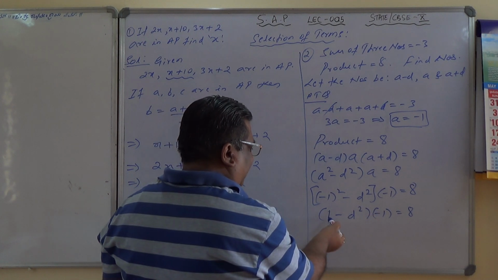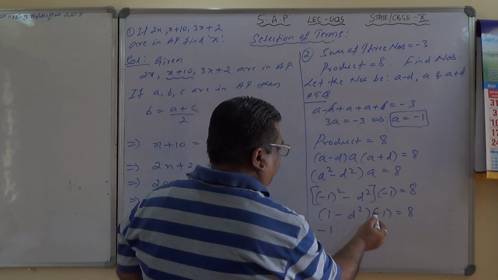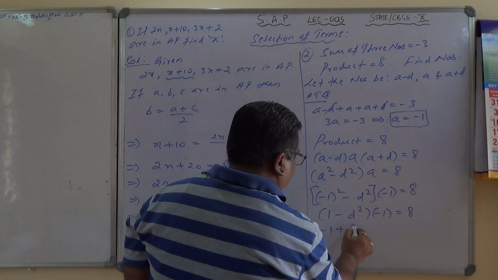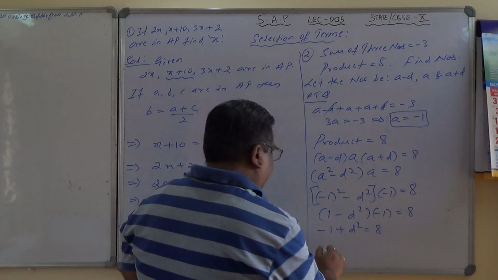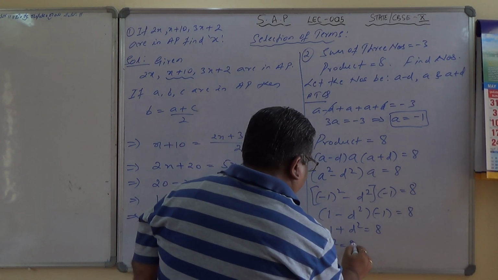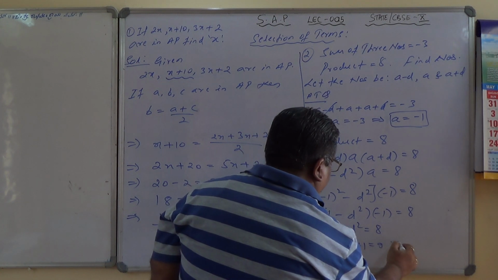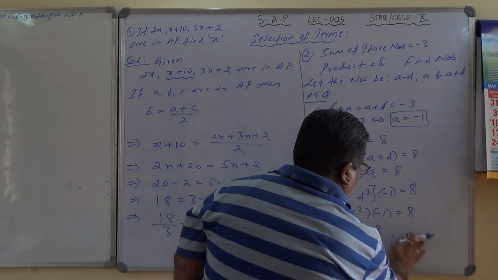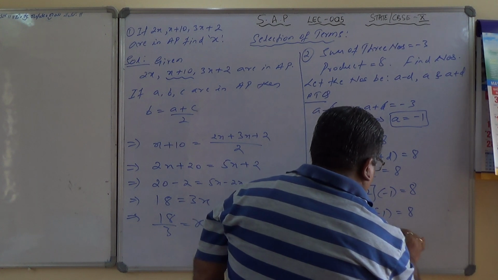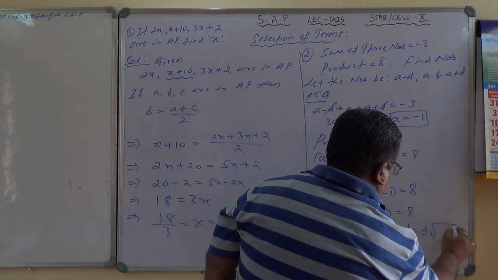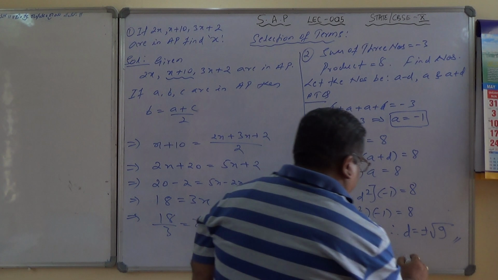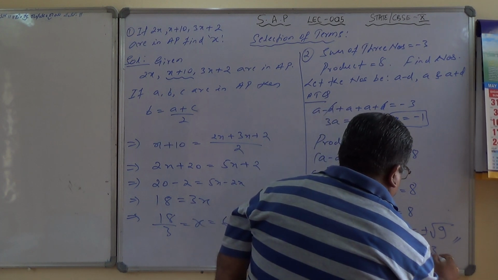So minus 1 into plus 1 is minus 1, and minus 1 into minus d square is plus d square, equals 8. Therefore d square equals 8 plus 1, which is 9. Therefore d equals plus or minus under root of 9. Therefore d equals plus or minus 3.